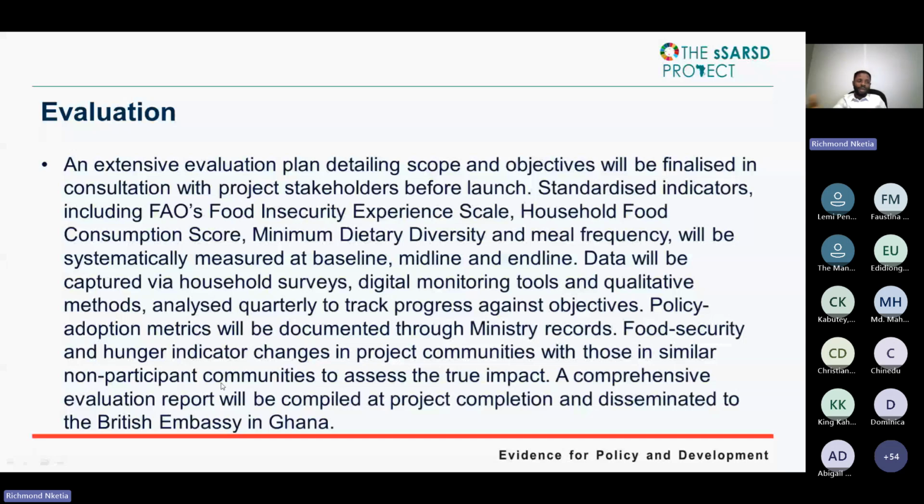After you've collected all this data, you compare the baseline to the end results and see whether or not there are changes. When you're starting, prevalence of food insecurity was, say, 42.7%. After 5 years of your project, it came back to, say, 37. Then you can say, my project has contributed to reducing prevalence of food insecurity by this margin.